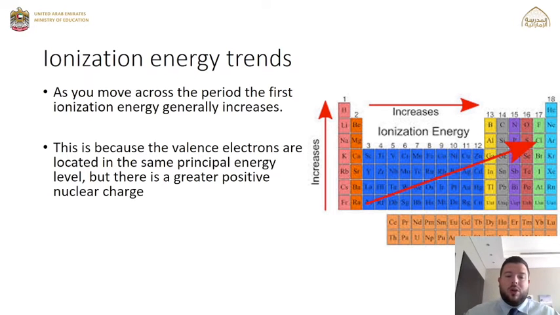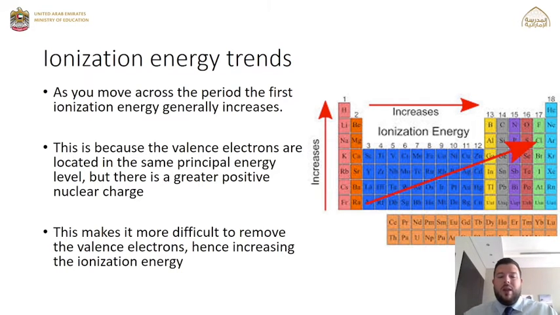This makes it more difficult to remove those outer electrons, and if it's more difficult to remove the outer electrons, it means that ionization energy will be higher. So as we go across the period, the electrons become more difficult to remove, and therefore the ionization energy increases.